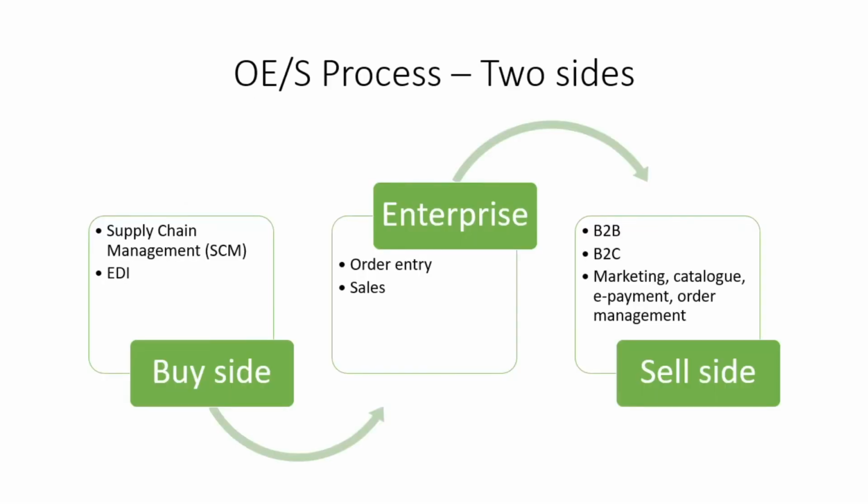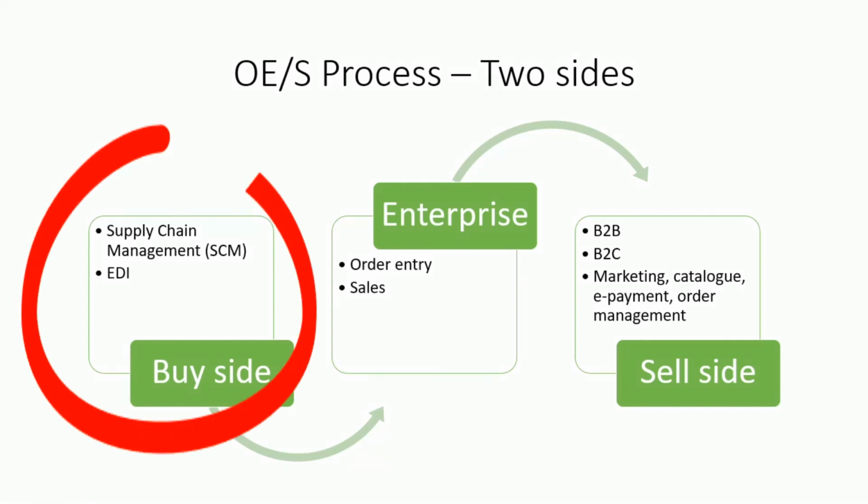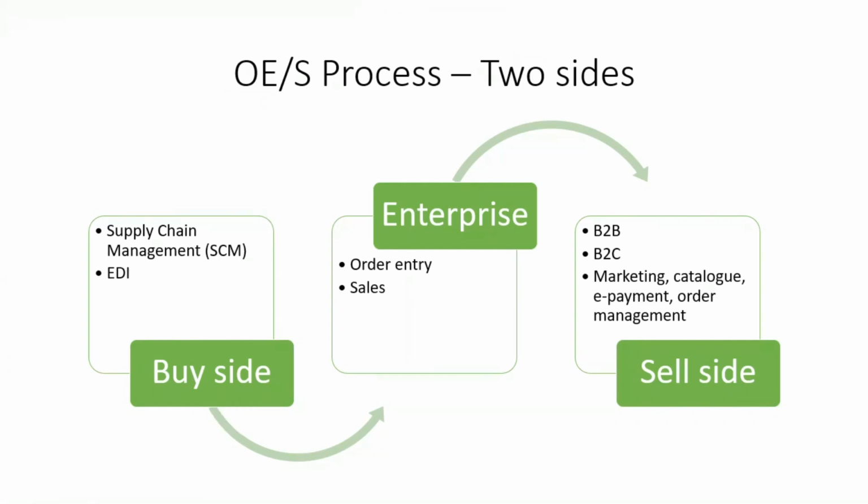The order entry sales process has 2 sides. The buy side is where the supply chain, supply chain management, and electronic data interchange interface with the enterprise. And the enterprise has the order entry and then the sales.